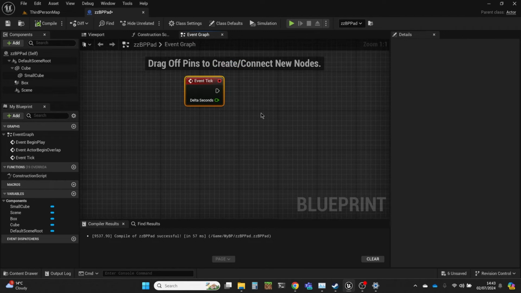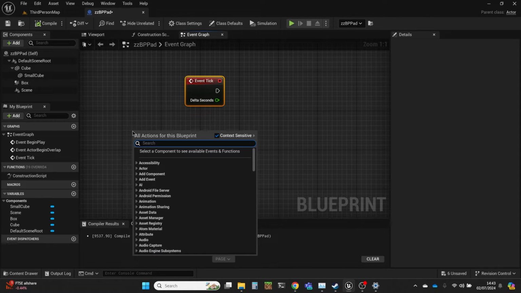We want the vector from the pad to the player, so that's A to B. When you want the vector from A to B, that's the absolute vector of B minus the absolute vector of A. So B is the player location.